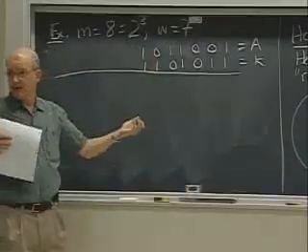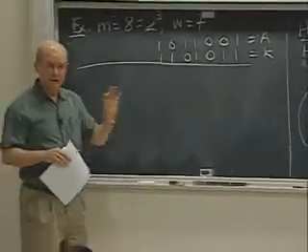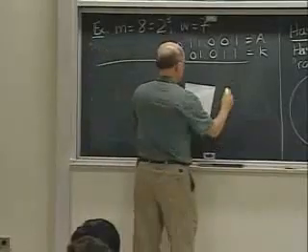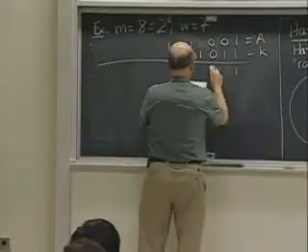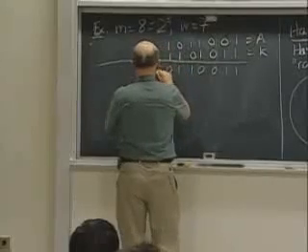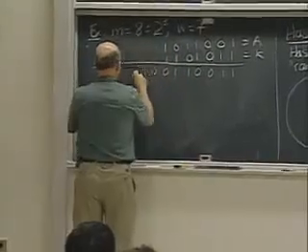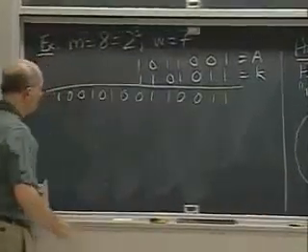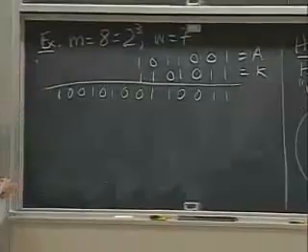So when you multiply two w-bit numbers, you get a 2w-bit answer. In this case, it happens to be that number.